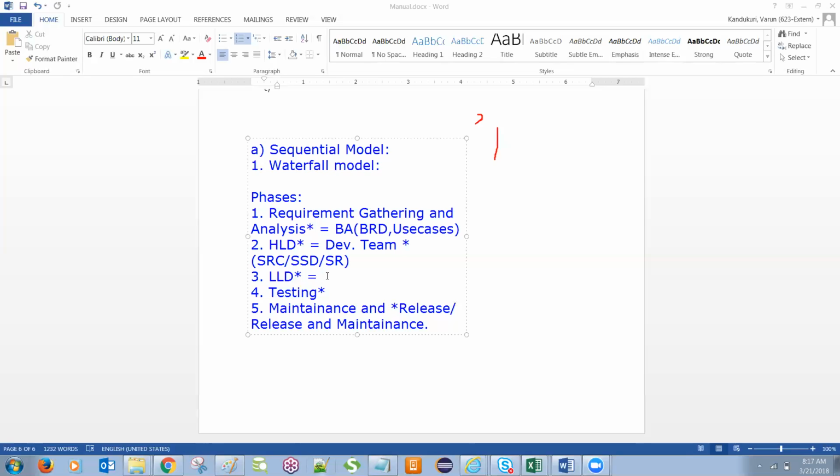Consider the Urban Pro example we discussed, that Urban Pro should have one form. This form should have username, password, confirm password, registered mobile number, registered mail ID, and login button. Each field they will consider as one requirement, and they will see what validations need to be given for that particular field.